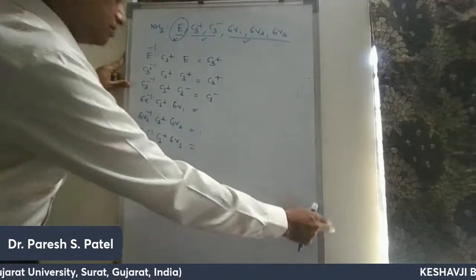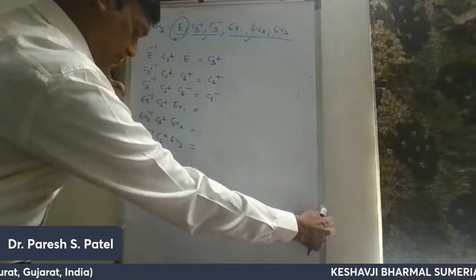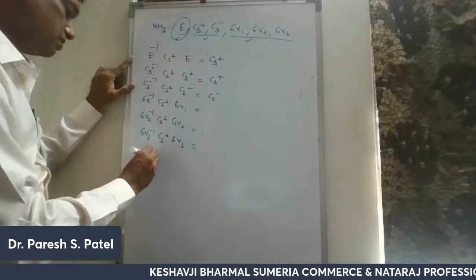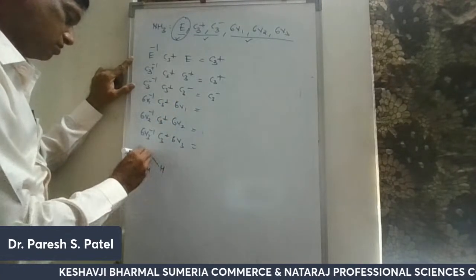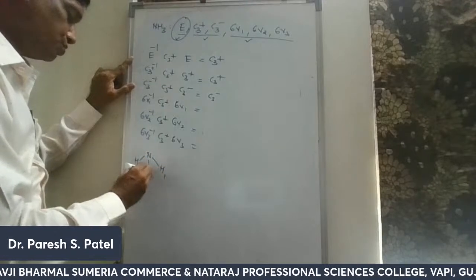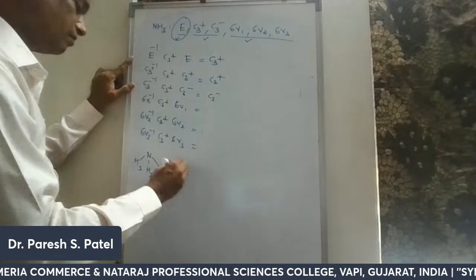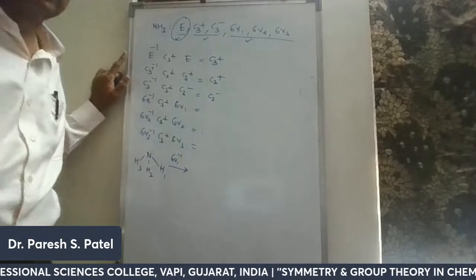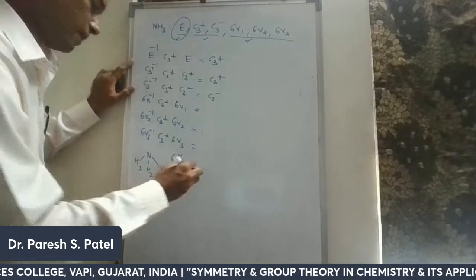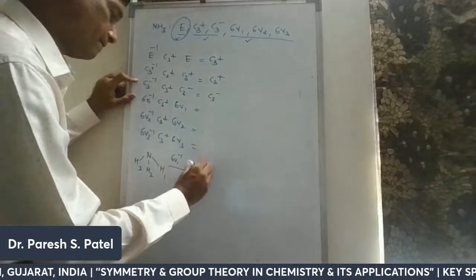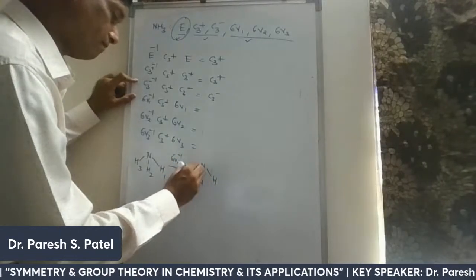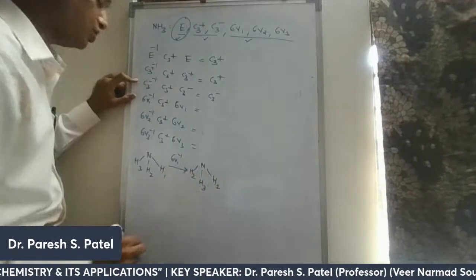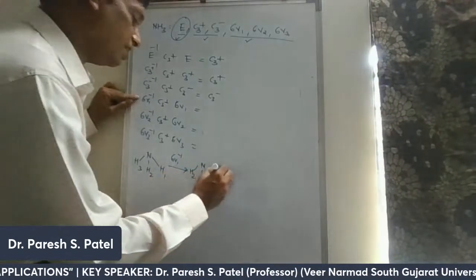If you operate sigma V1 inverse on 1, 2 and 3, sigma V1 inverse: 1 remains as it is, 3 and 2 interchange, then C3 plus.